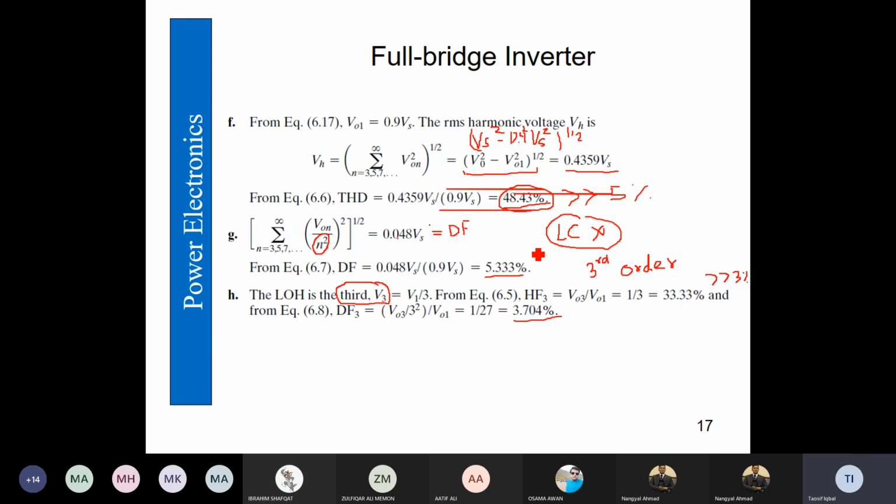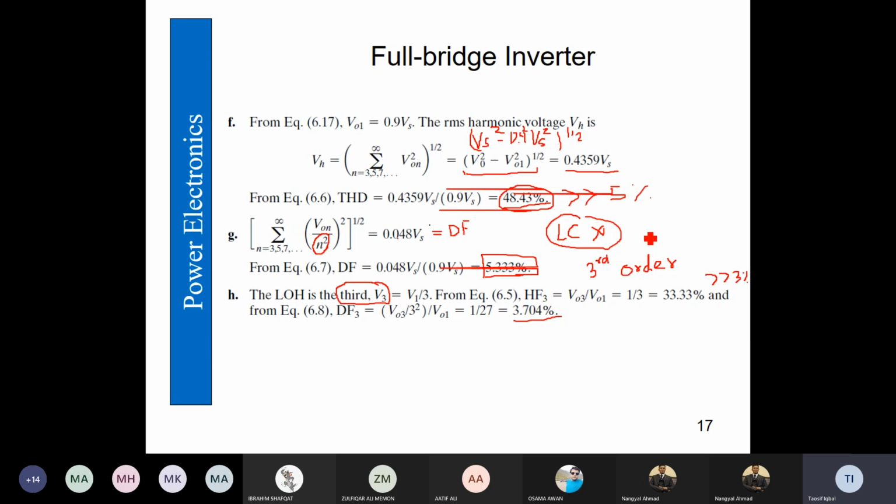So now finding out the distortion factor, if we connect a second order filter, then how much harmonics are going to be reduced. So after applying the LC filter, second order filter, still we get 5.3% distortion factor.